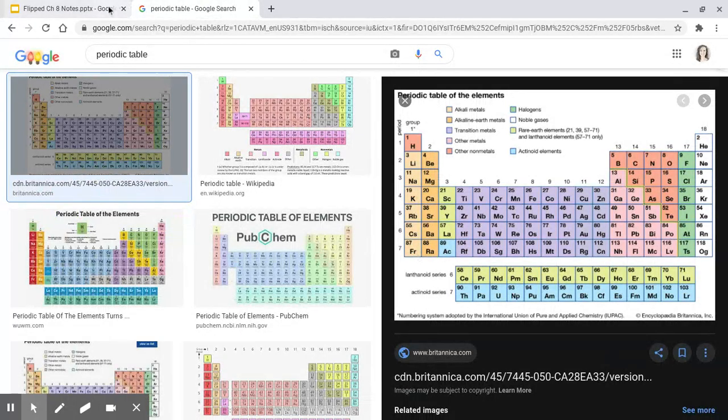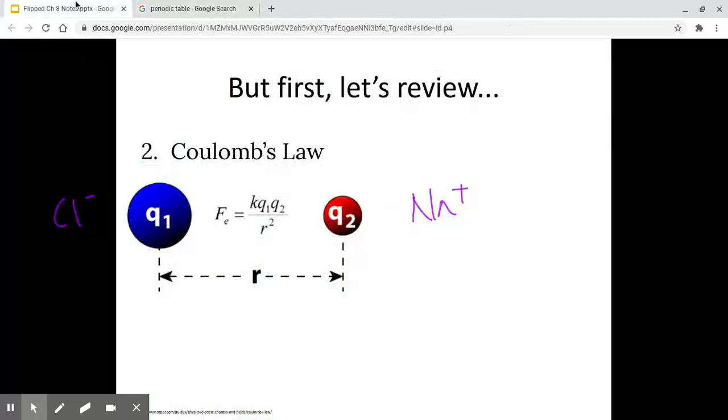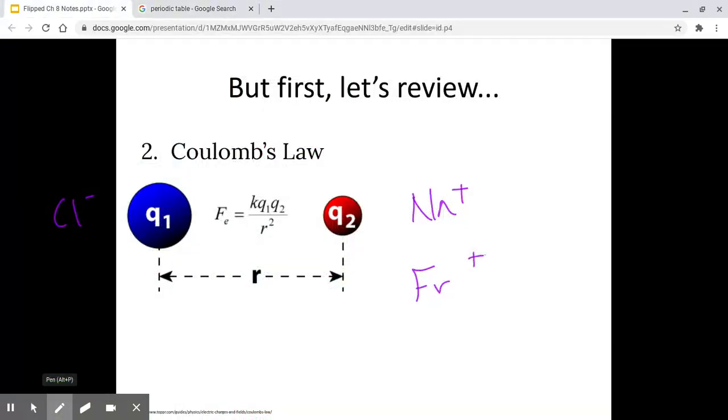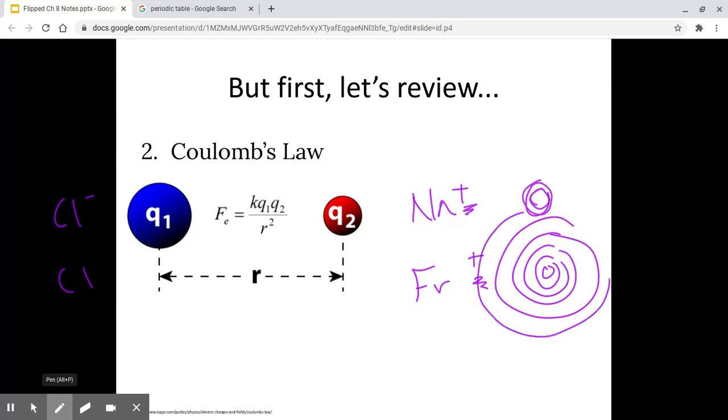Let's do francium just for fun. Fr plus. Okay, so they both have a +1 charge, but sodium is going to have 2 energy levels, whereas francium is going to have 7.